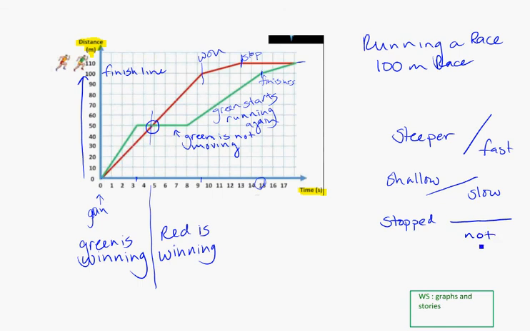So this guy is not moving at all when you see a flat line. So again, the steeper the line, the further up it's pointing, the faster you're going. So in this part, the green is really, really fast right here, faster than the red because it's steeper than the red. Here the green again is flat, so it's not moving. And here, looking at the red, it's running fast the whole time, and you notice as soon as he goes to the finish line, he slows down, and then he comes to a stop. So we can see that with the steepness of these graphs as well.